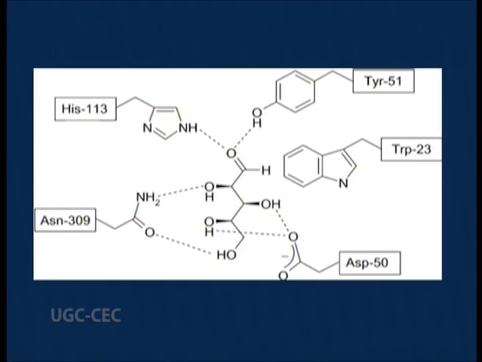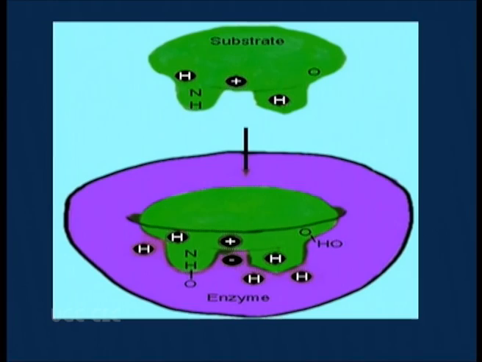Active sites are formed by secondary and tertiary clustering of amino acids, which results in the formation of physical grooves where the substrate binds. Charges on amino acids allow them to interact with substrate by donating or accepting electrons or protons depending on the enzyme.